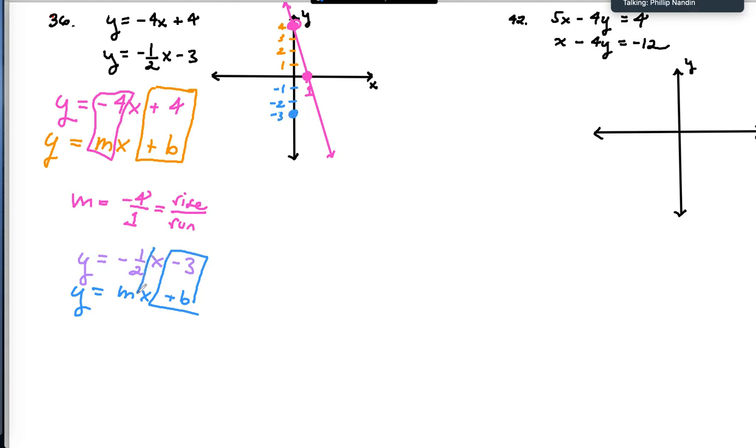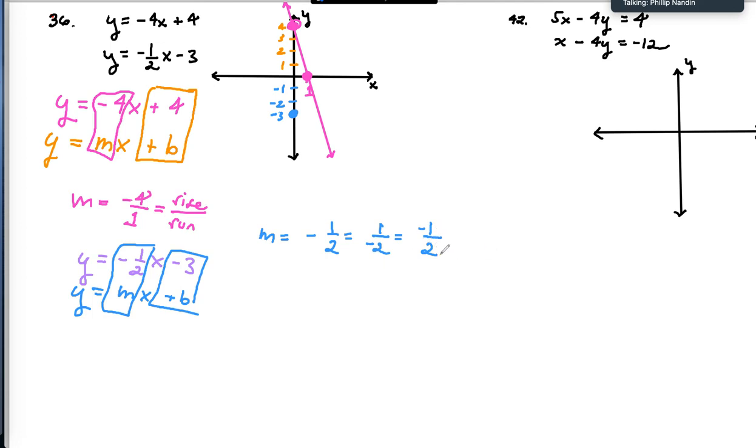Then I use my slope, and we should identify slope as being negative 1 half here. So m is negative 1 over 2, which is the same thing as 1 over negative 2, and the same thing as negative 1 over 2. These three things mean the exact same thing. Now, which one do I want to use?